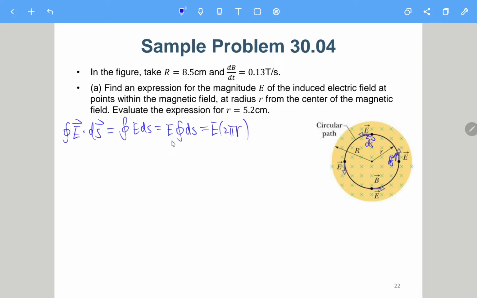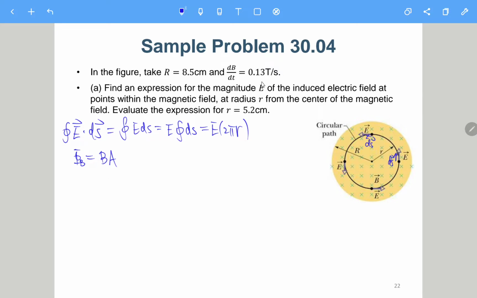Okay, so next on the right side we need to take the derivative of the magnetic flux. So let us write out what the magnetic flux is. It will be B times A. Originally it should be a surface integral, but actually here the magnetic field is uniform and also changing at a steady rate.